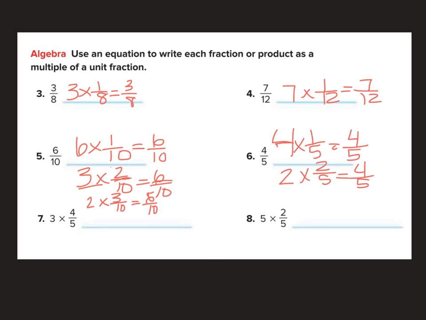Okay, so here I am looking at 3 times 4/5. So what I'm supposed to do here is 3 times 4 is 12/5. Right? And so I could rewrite 12/5 as 12 times 1/5 equals 12/5.